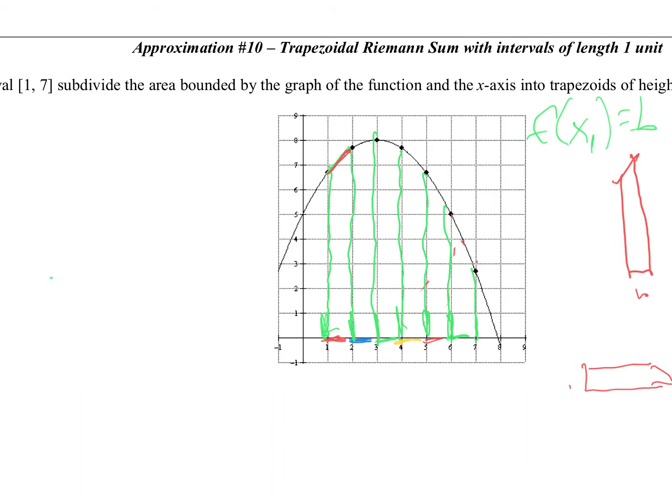And as I go up the curve, that's the trapezoid. Now it's going to go down the curve. Trapezoid, trapezoid, trapezoid, and a real long slant, trapezoid. So that's what's going on.